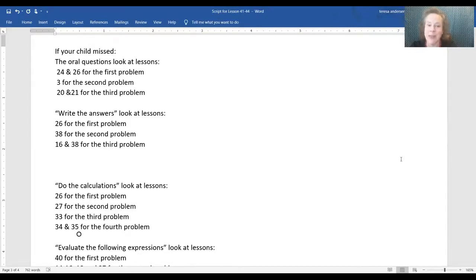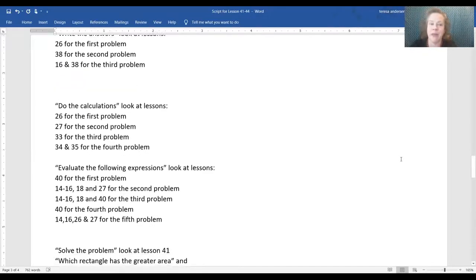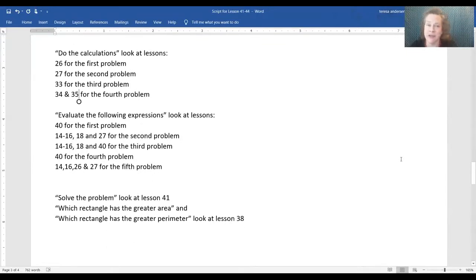In the Write the Answers section, look at lessons 26 for the first problem, 38 for the second problem, and 16 and 38 for the third problem. In the Do the Calculations section, look at lessons 26 for the first problem, 27 for the second problem, 33 for the third problem, and 34 and 35 for the fourth problem.